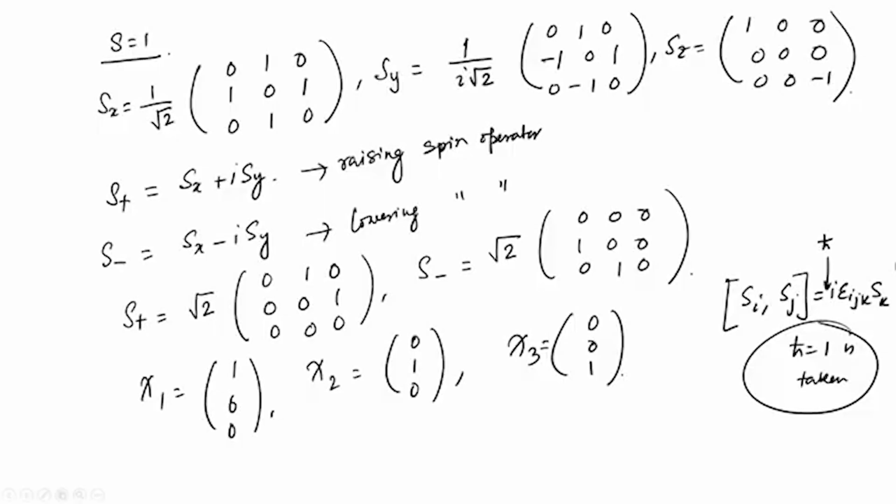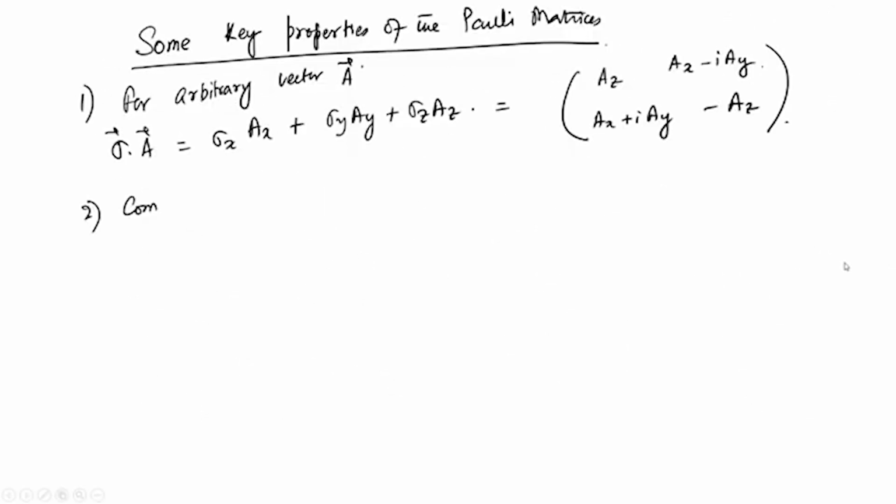So, each time you change the cyclic property of these indices i j k, you bring up a negative sign. Two of these indices become same, you have it 0, and that is what the property is. So, [Sx, Sx] is of course equal to 0 because i and j are same indices.